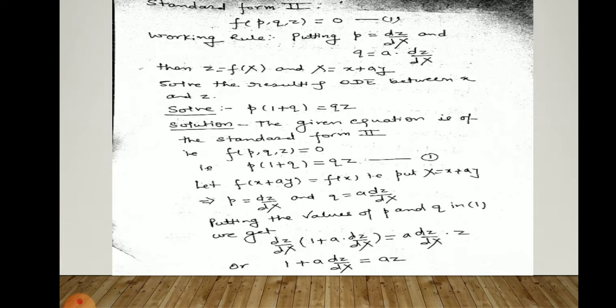So here the given equation is of the form f of p, q, z equal to 0. Then our working rules are, we put p is equal to dz by dX, q is equal to a dz by dX, where capital X is related to x in such a manner that z is equal to f of capital X and capital X is equal to x plus ay.